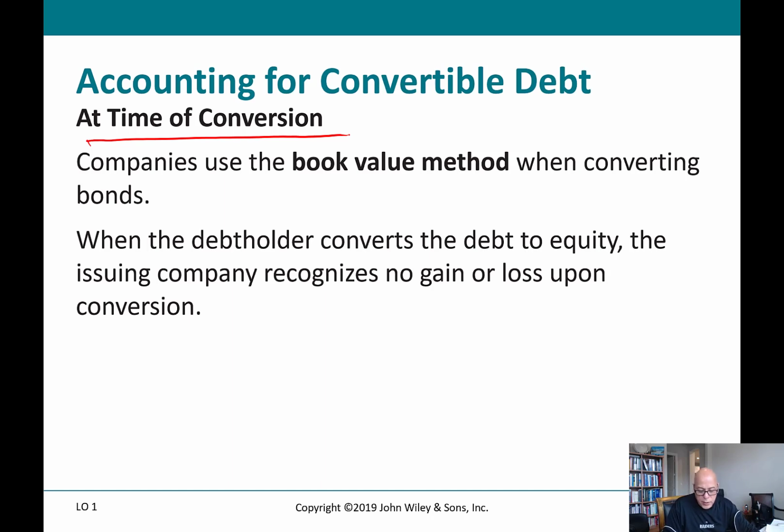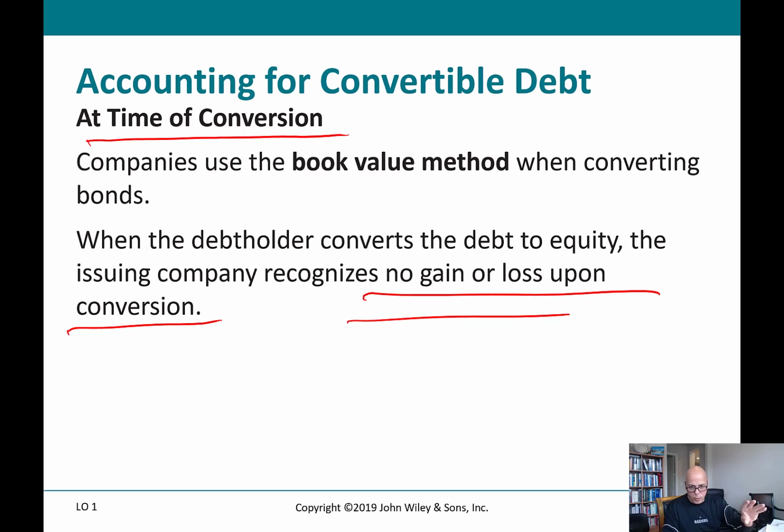So when the debt holder converts the debt to equity, the issuing company recognizes no gain or loss upon conversion. Okay, all we're going to do is take the bonds off the books at whatever the carrying amount of the bond is at that point in time. We're going to go ahead and credit the common stock at par. So we take the bonds off the books.